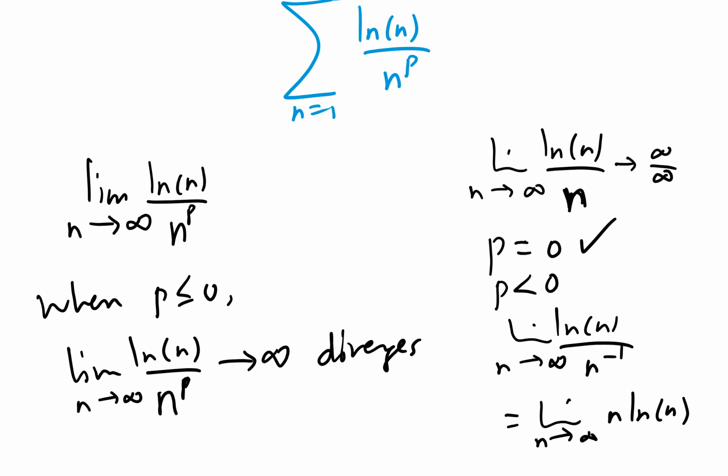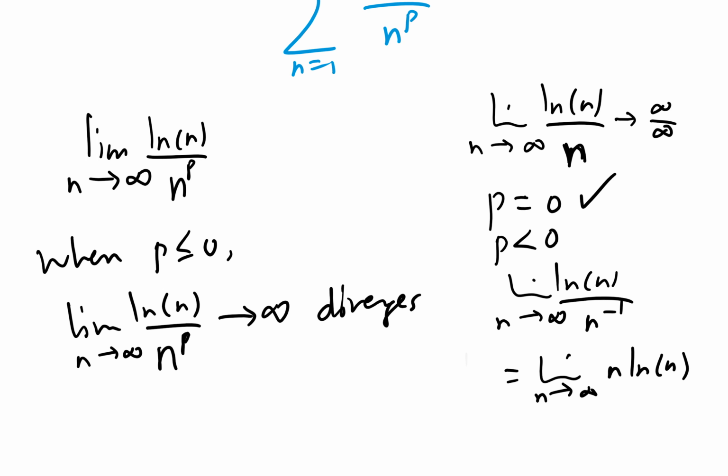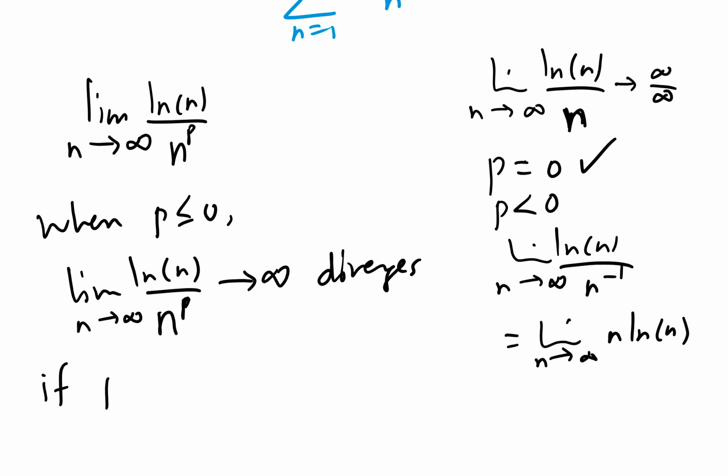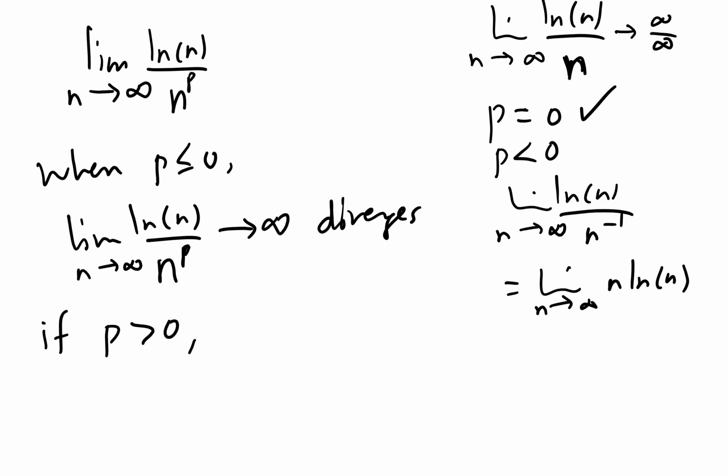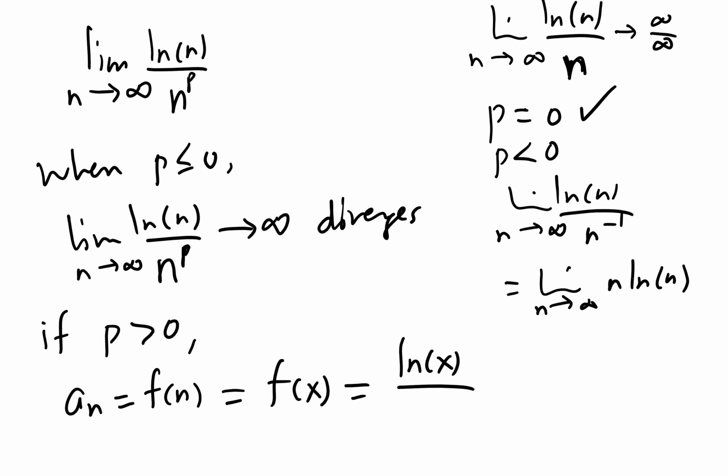So now I want to worry about what happens after that. If p is bigger than 0, let's see what happens. Here I can transform a_n into f of n, which I'm going to write as f of x. So my f of x is going to be ln of x over x to the p.